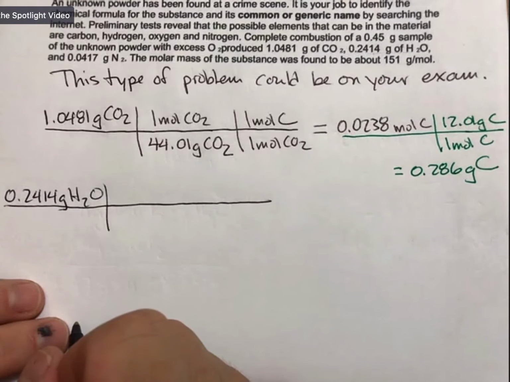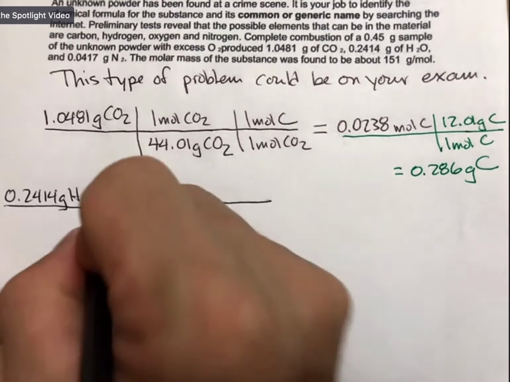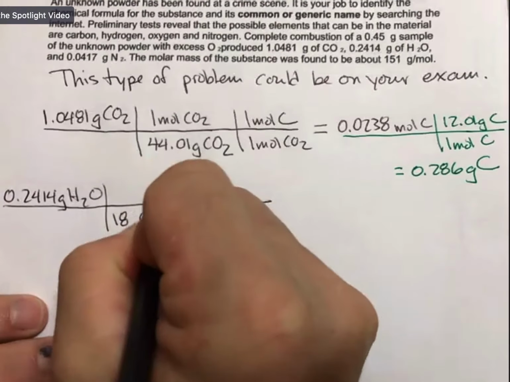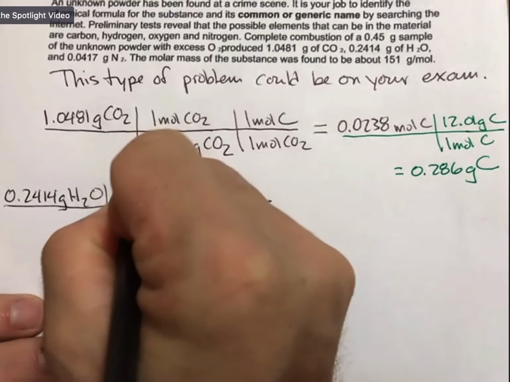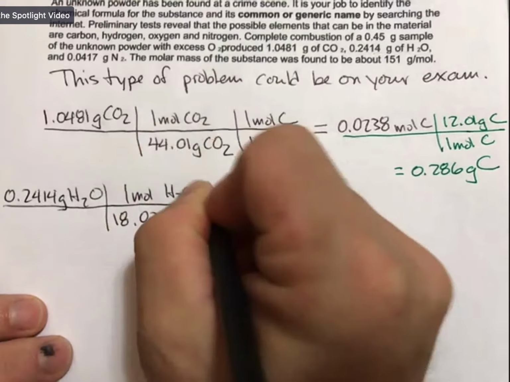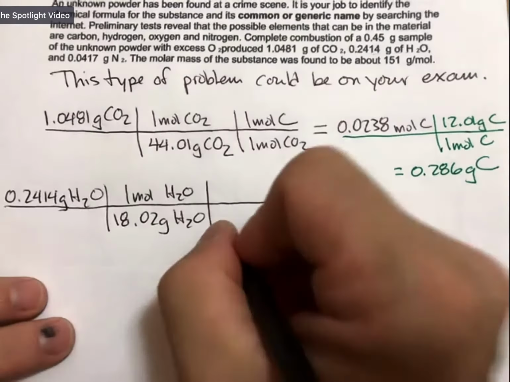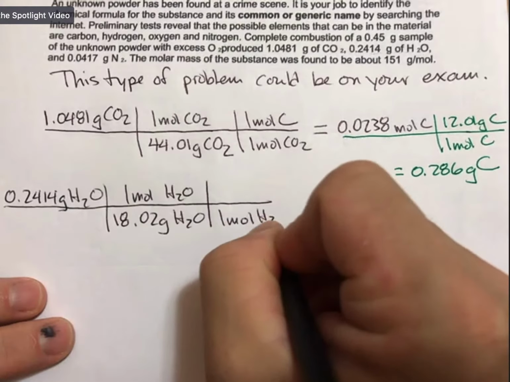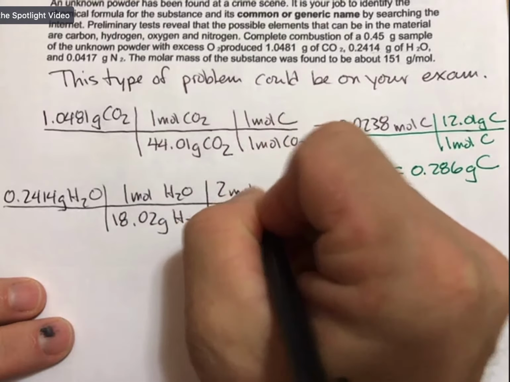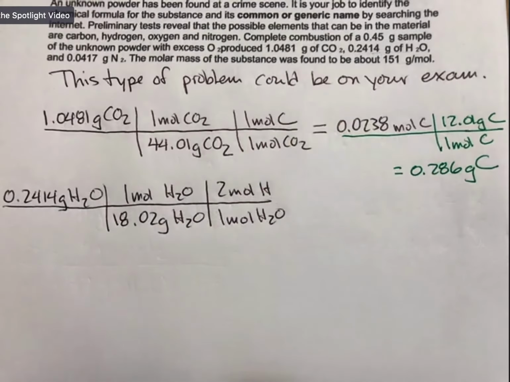Molar mass of H2O is 18.02 grams per mole of H2O. And then in 1 mole of H2O, there are 2 moles of hydrogen.